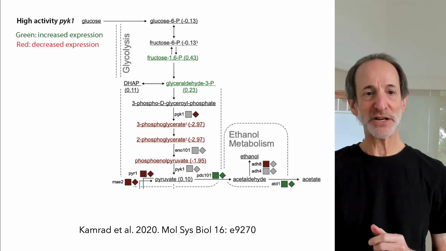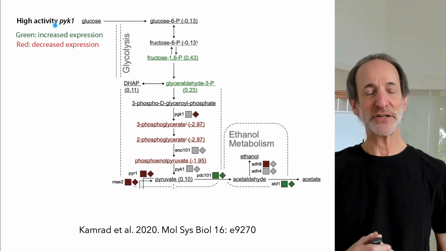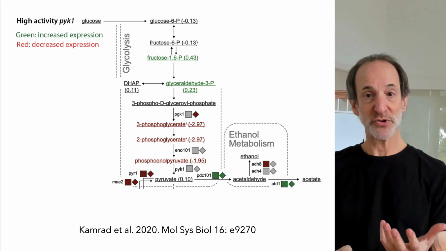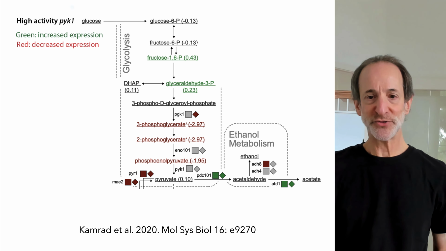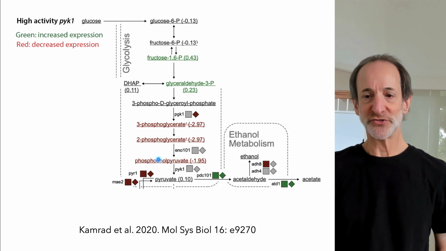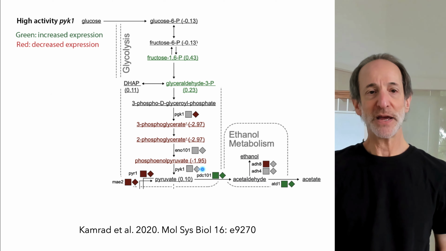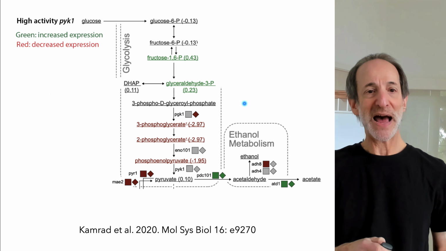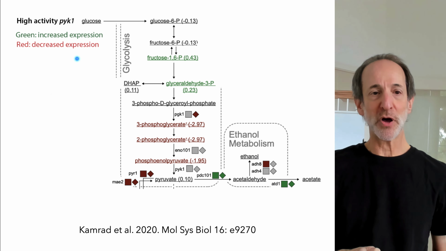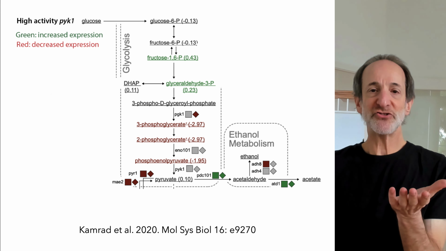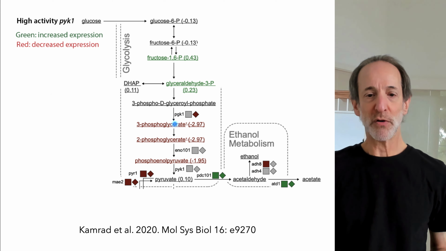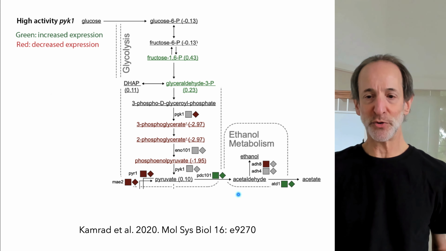And they found a high activity allele and a low activity allele. And here I'm showing the results for the high activity allele from their study. So these are steps in glycolysis. This is fermentation overflow, so you see acetate or ethanol. And comparing the high activity allele relative to the low activity allele, green represents a higher concentration of a particular intermediate or a higher concentration of a particular enzyme in case of these symbols here.